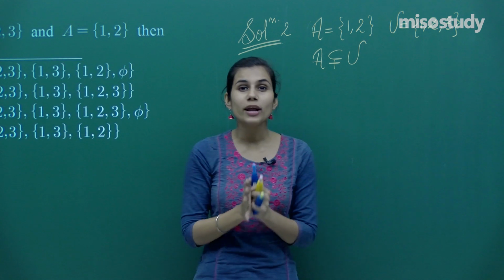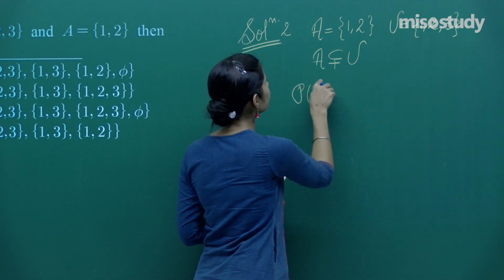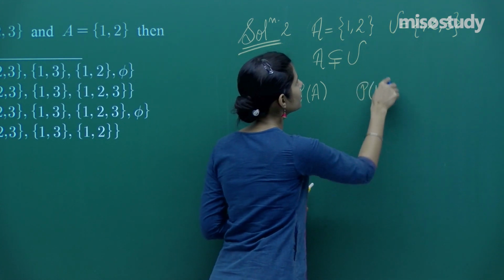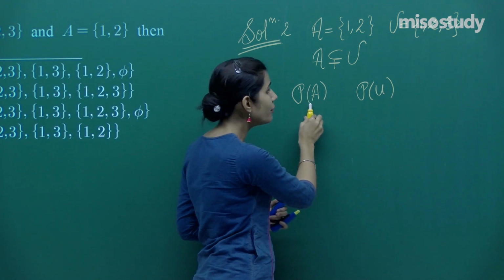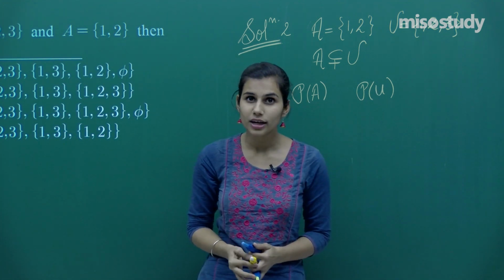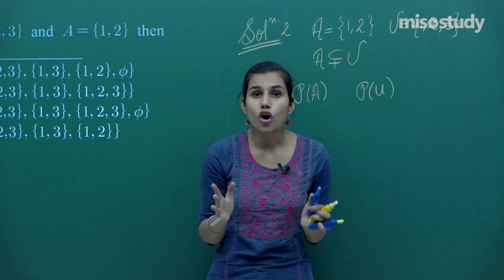What do you think will be the case when I consider power set of A and power set of U? Try and think logically. A is a subset of U.